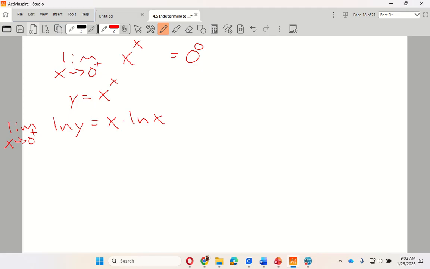Not the y. And that gave me 0 for all this, right? So as I plug in my x's, that gives me 0. Which means that the limit as x approaches 0 from the right of ln of y is now equal to 0.